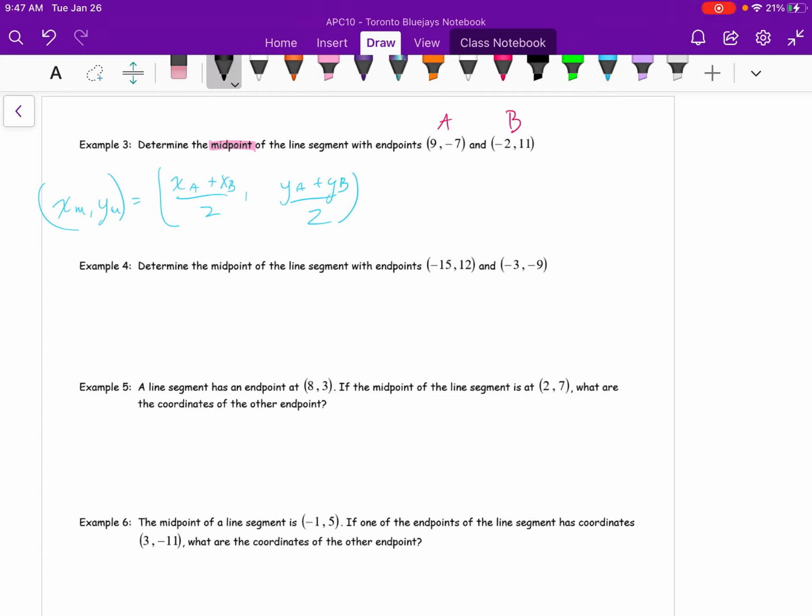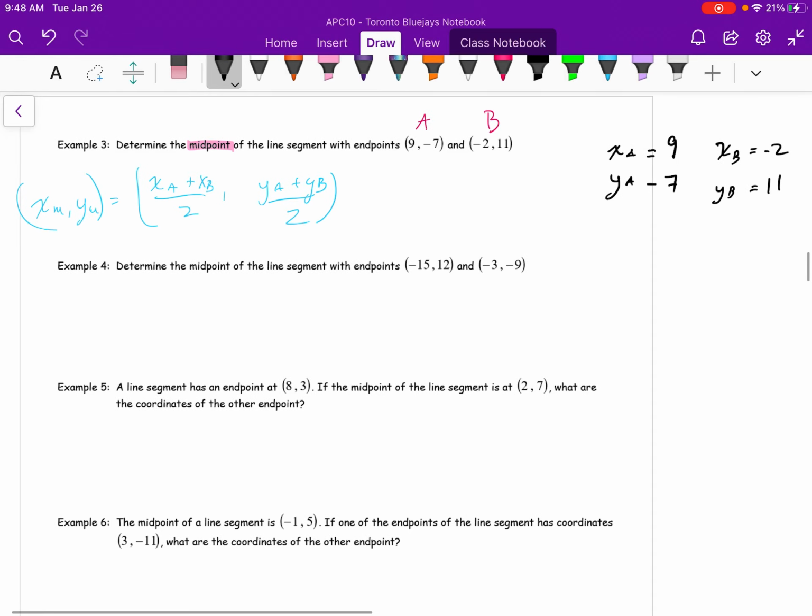I think it would be really good practice to start by simply identifying xa, ya, xb, yb. So xa is going to be 9. ya is negative 7. xb is negative 2. yb is 11. I think I'm almost there for the midpoint.